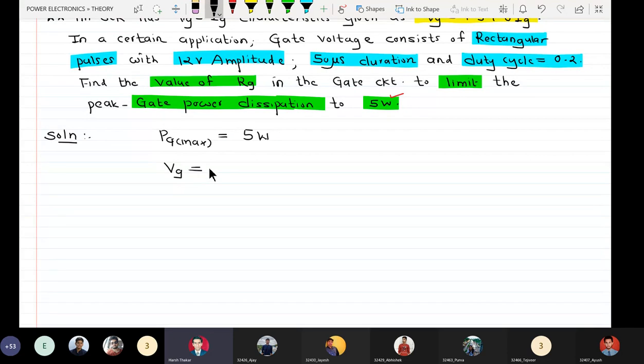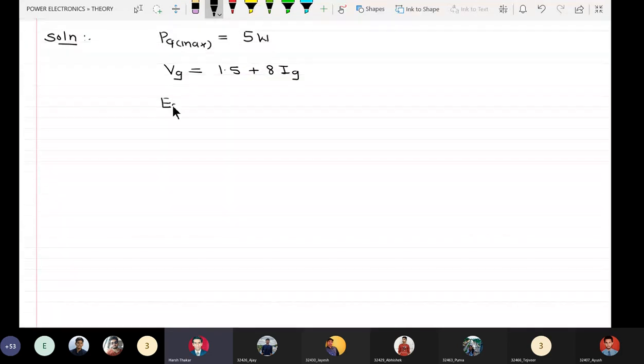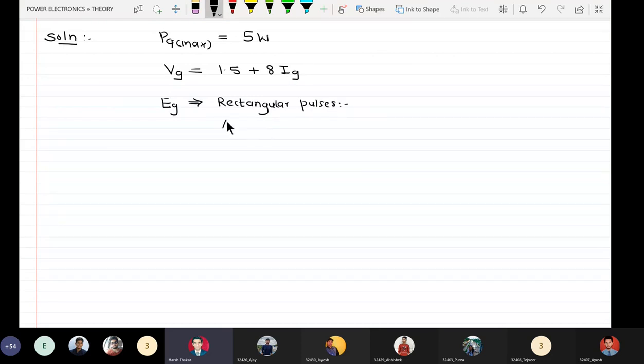Second thing given is Vg equal to 1.5 plus 8 Ig, and Eg is rectangular pulses (12 volt), duty cycle equal to 0.2, and duration is equal to 50 microseconds.